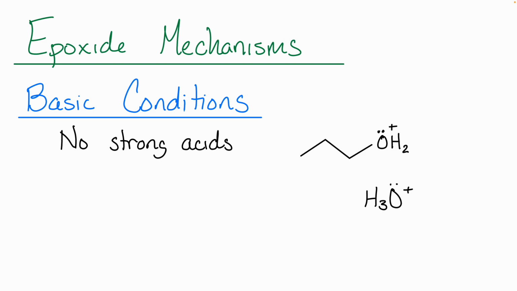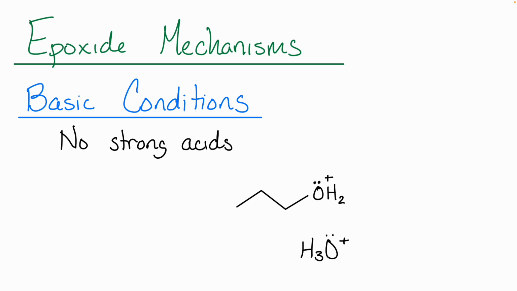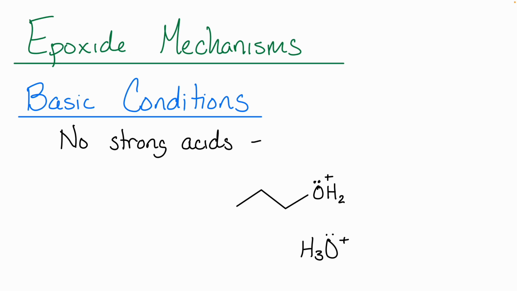What we're going to see is a lot of our strong acids have a hydrogen on an atom with this positive charge. So when we're drawing these mechanisms and we want to make sure to avoid strong acids, we're going to boil this down to a simple rule: no positive charges. We don't want to see any positive charges on our intermediates. That's how we know we're going to be avoiding any sort of strong acid.